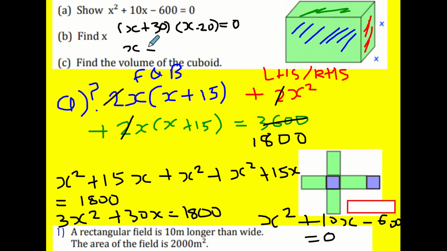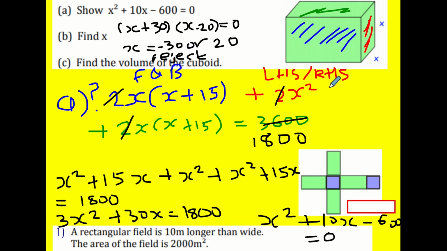So x is going to equal minus 30 or 20. And x can't actually equal minus 30, so we're going to reject that one. So x equals 20.